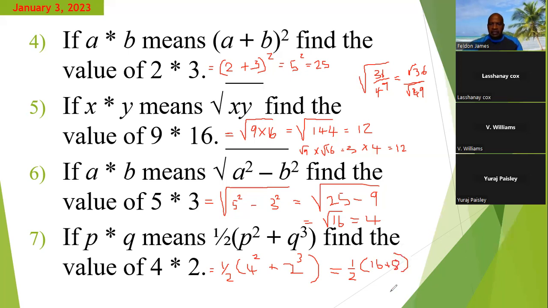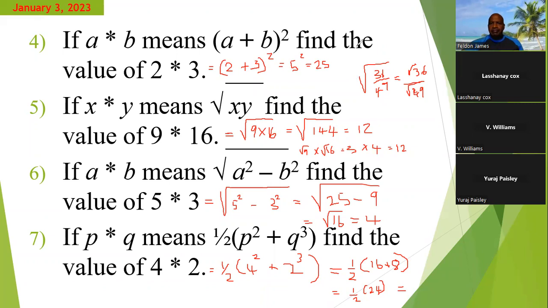All right, so what next? So we are going to write back half and add 16 plus 8, which is 24. All right, so it is half of 24. What's the answer? After we cancel, we get 6. You sure? Yes, sir.